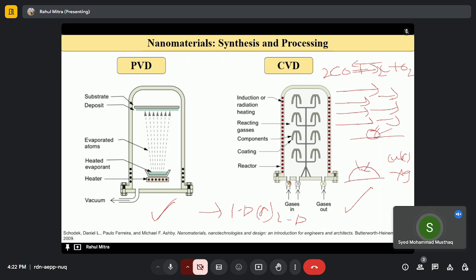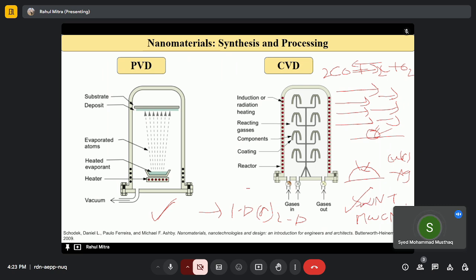Once the copper reaches the saturation limit, the carbon tries to precipitate out from the copper. During this precipitation, we have the formation of one-dimensional nanomaterials like CNTs. Depending upon the type of substrate, the shape of the substrate and the temperature, we can have single-walled nanotubes and multi-walled CNTs.